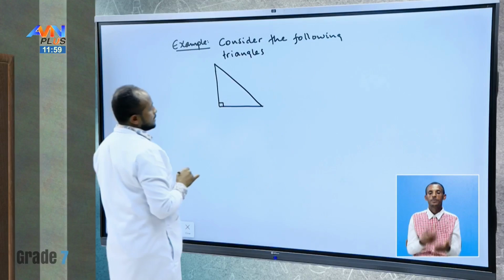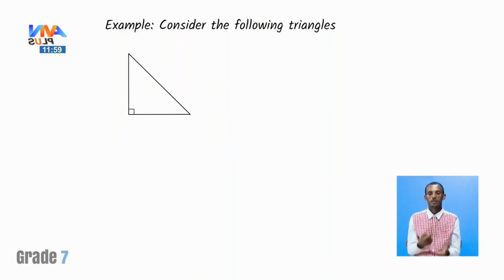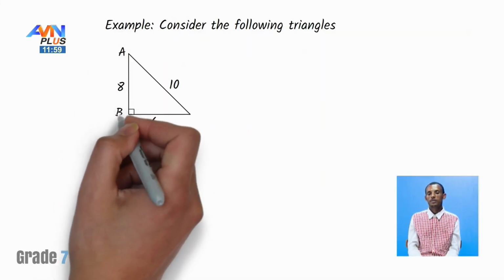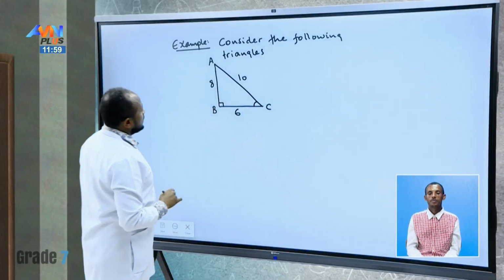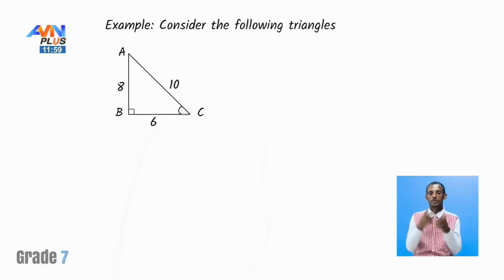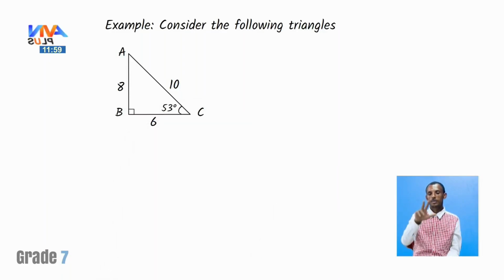It is a right angle triangle. Assume this side is 6 meters long, this one is 8, and this one is 10. Let's name this triangle ABC. And let's assume this angle is 53 degrees, and this one is 37 degrees.